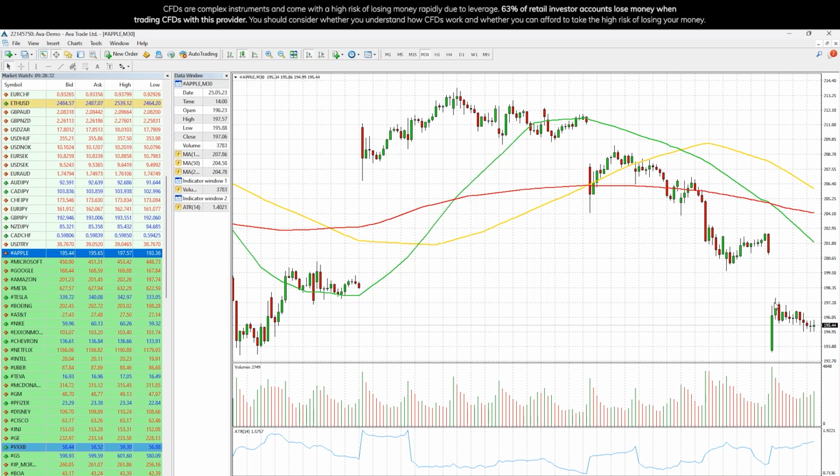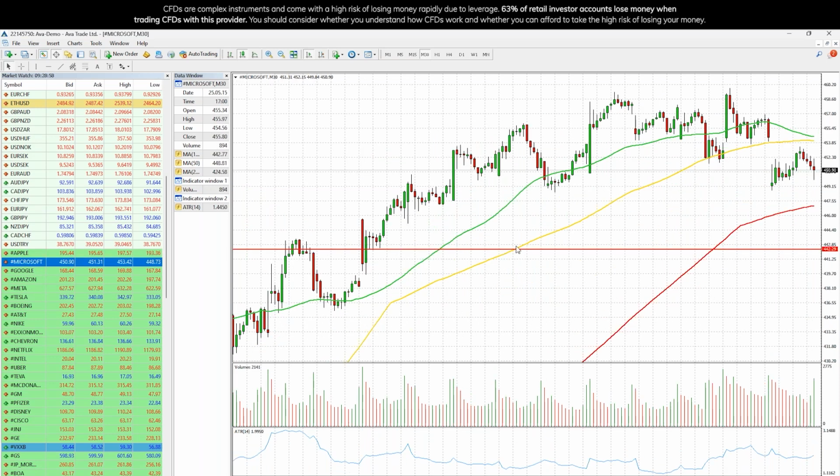Immediately we had a move to the upside, and then probably retraced about 50% from the whole range and closed around 195. So let's see the reaction. Let's see Apple's reaction. Let's see the markets' reactions, and of course investors' reaction. Now let's take a look at how the big guys did the same thing.